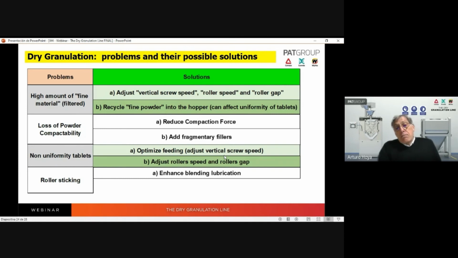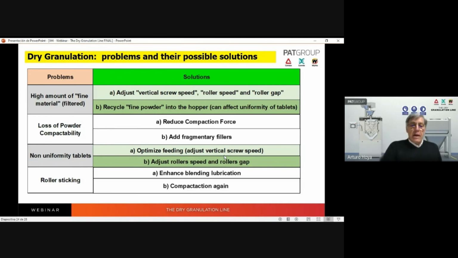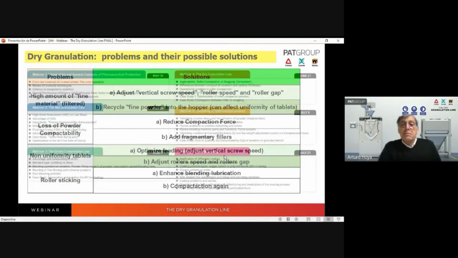You can add more lubricant or enhance the blending. And of course, recompaction could also be a solution. It's not the best, but on occasion you have to do this.